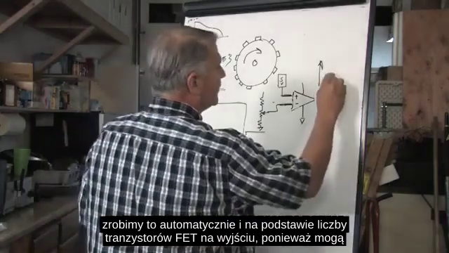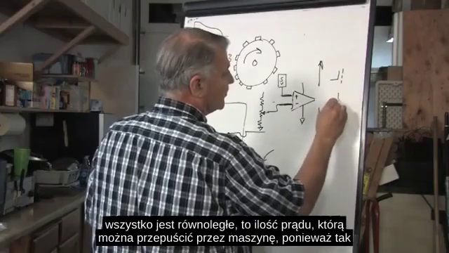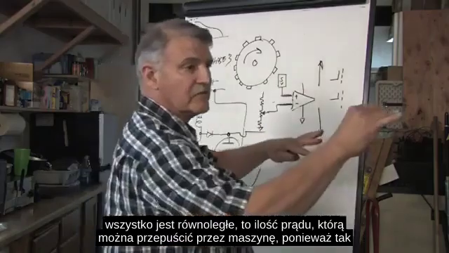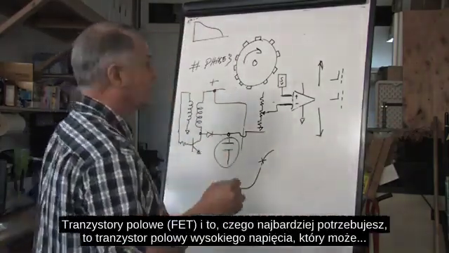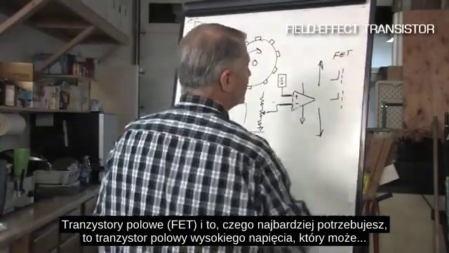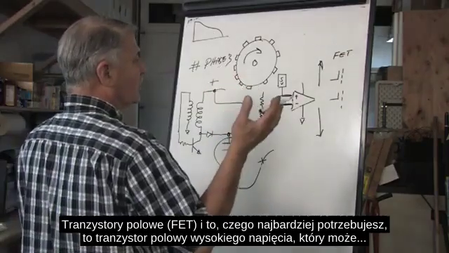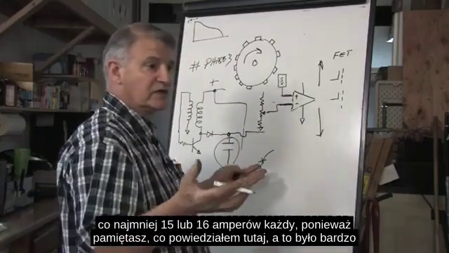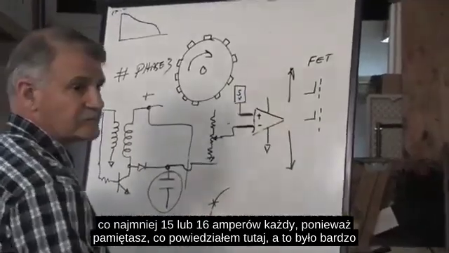And the number of FETs in the output, because they can all be paralleled, determines the amount of current that you can pass through the machine. Yeah, FET, F-E-T. And the thing that you want the most is a high voltage FET that can do at least 15 or 16 amperes, each one.